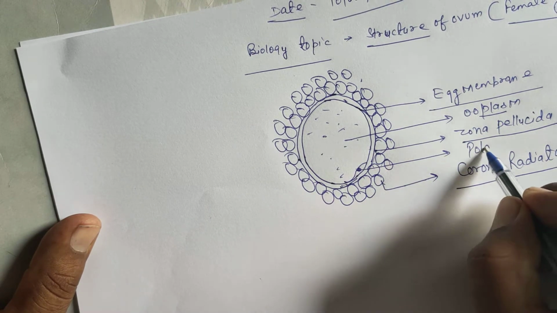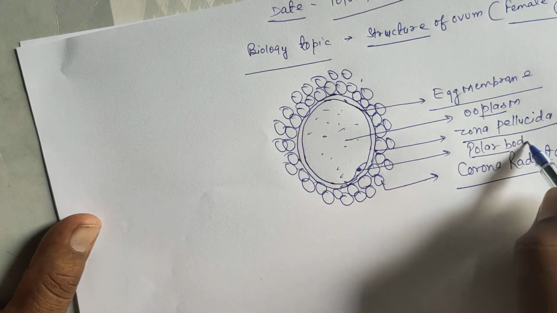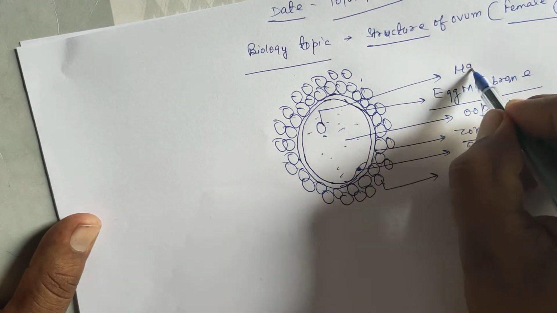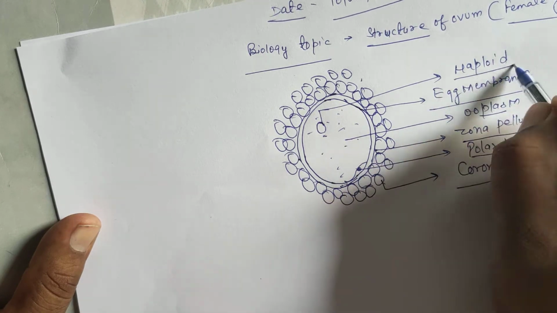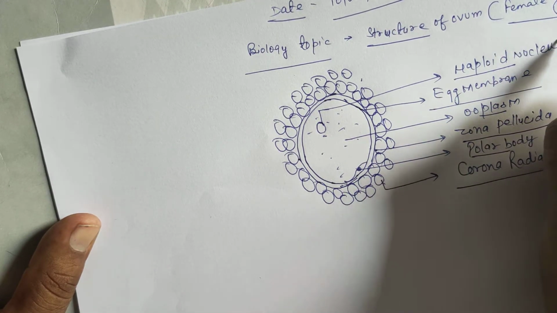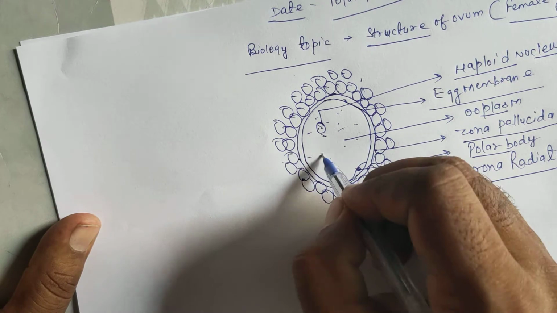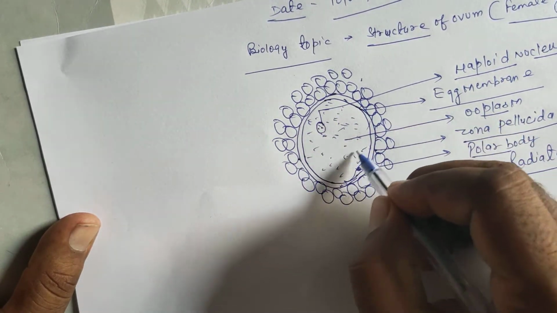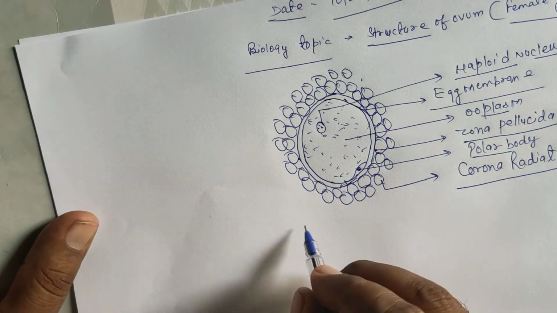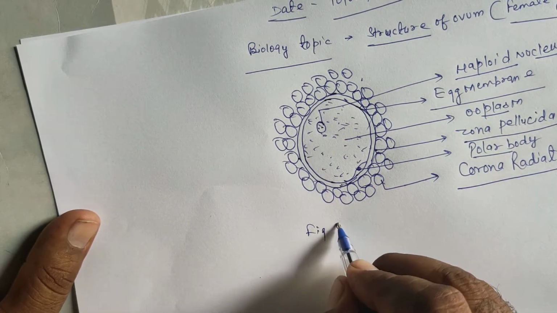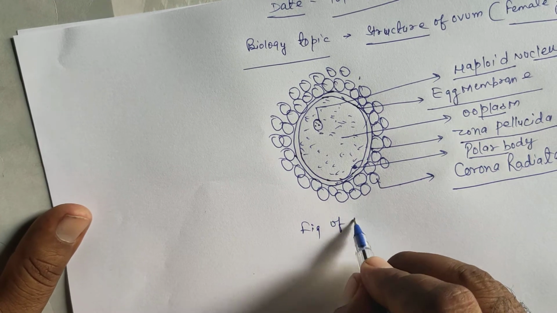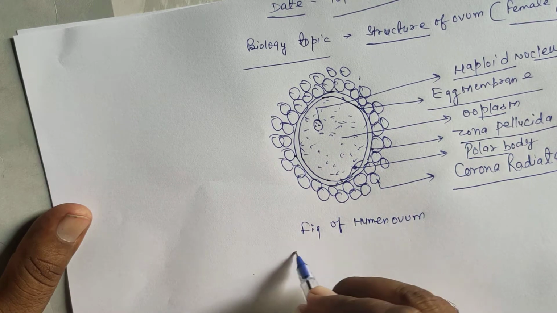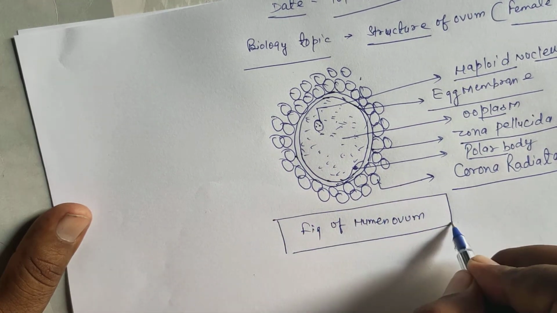Polar body, it is a haploid structure. Haploid nucleus, and nucleus to have genetic matter or DNA or chromatin. This is a figure of human ovum. Human ovum.